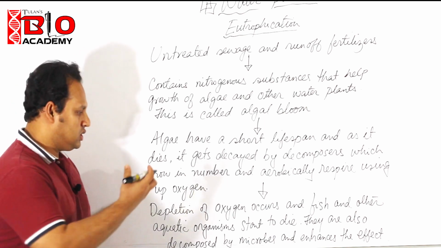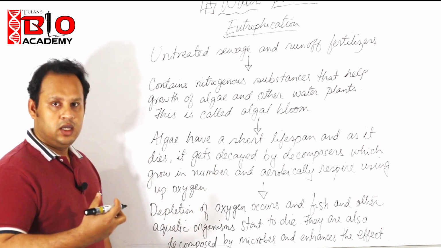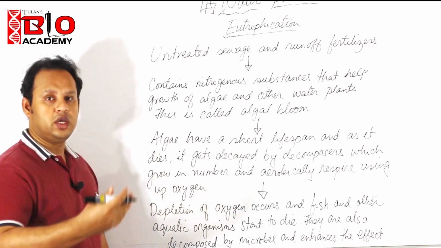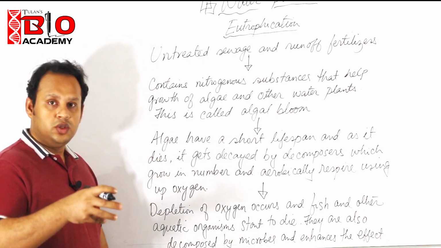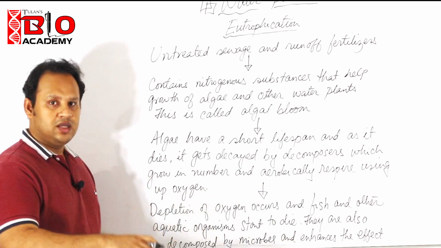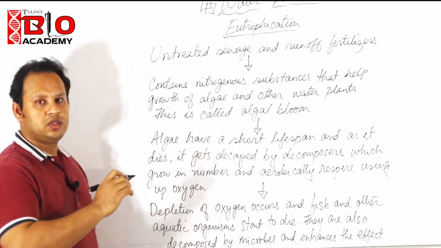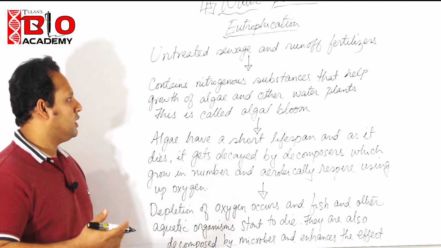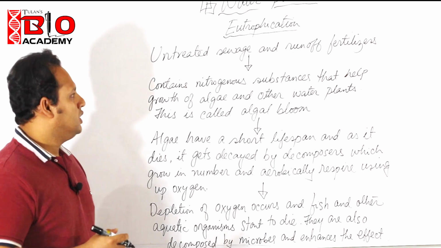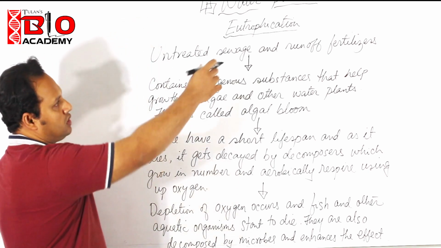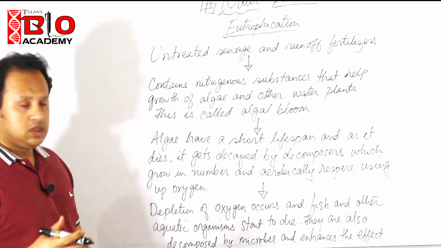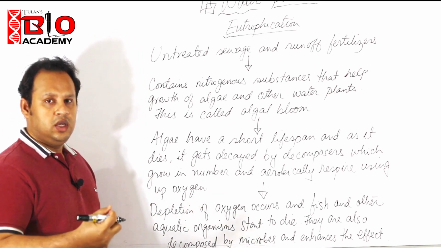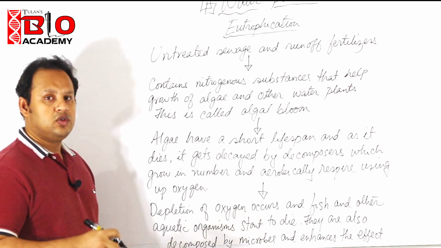So if your oxygen demand is very high, that means bacteria and decomposers are working overtime, and they can only do that when there is too much death and decay, and there is too much nitrogenous substance from runoff waters, and insecticides and pesticides are running, and fertilizers as well. So all these chemical substances cause that oxygen demand to increase. As a result, it measures the amount of pollution there is.